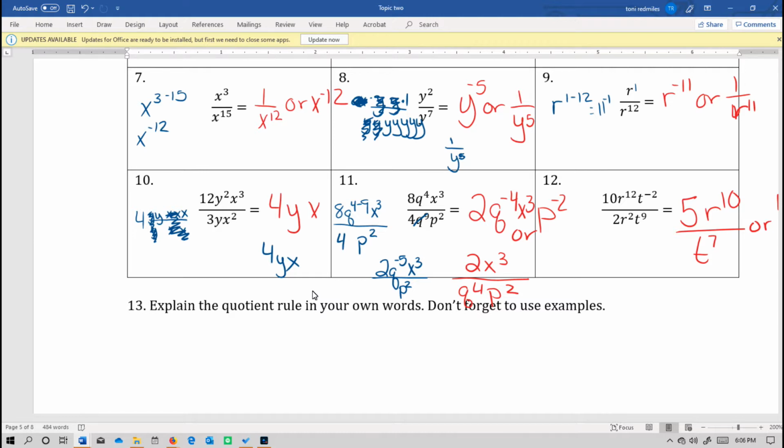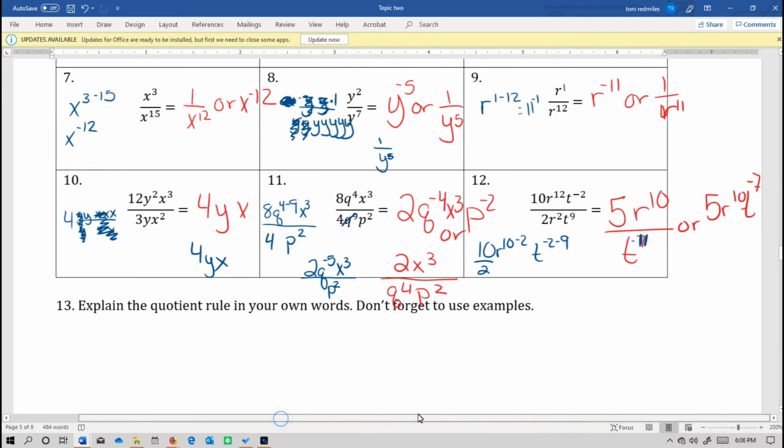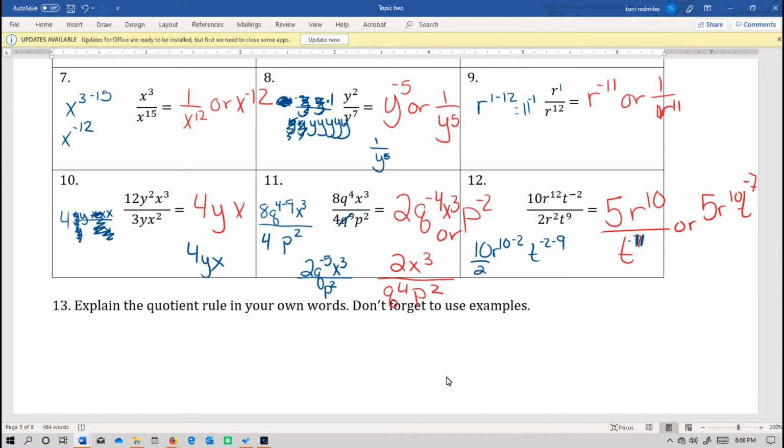Okay. All right, 10, r: 12 minus 2, and this is 10 divided by 2. I got to do that math. And t, -2 minus 9. Well, ooh, I have a question wrong here. I must have not seen that negative when I did that. So it's actually -11 on the bottom, or, well, it's either -11 on the top, sorry.